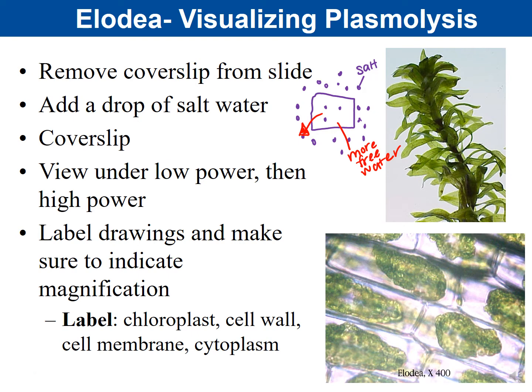So now if we go back and we label this, we have chloroplast. All of those little green dots in there would be our chloroplast. We have our cell wall. Out here, see where all these chloroplasts have clumped together?